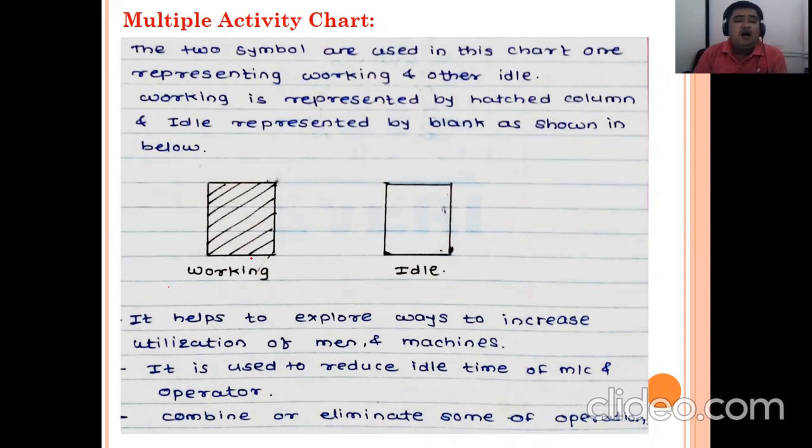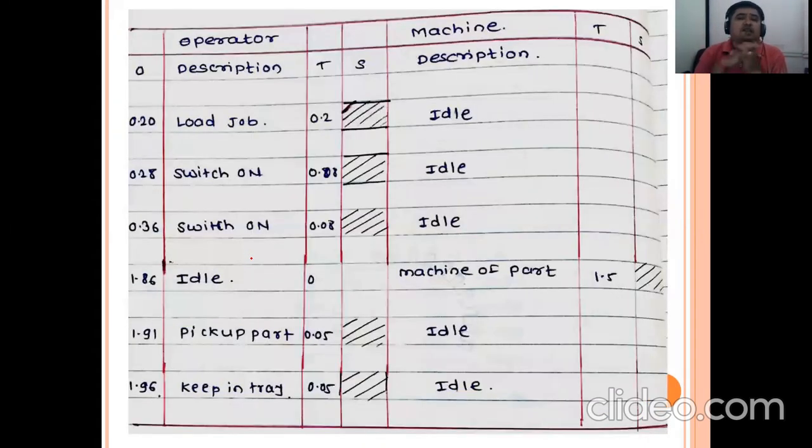Combine or eliminate some operations. So how it is shown? It is like this. So there is a combined chart. This particular chart is for the operator and this particular chart is for the machine.